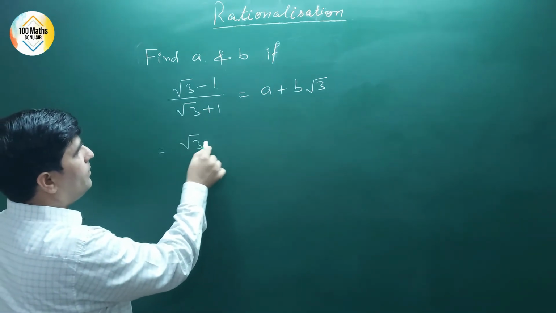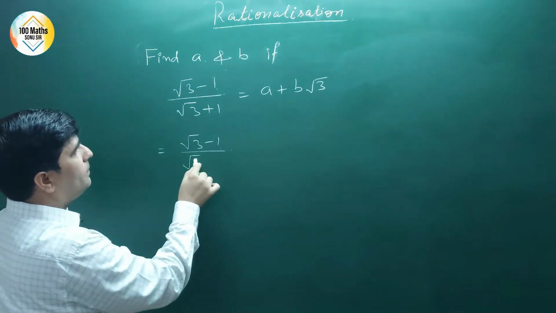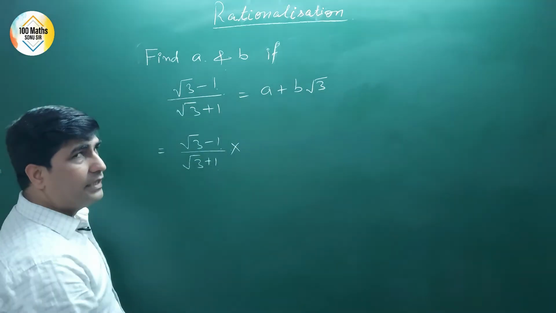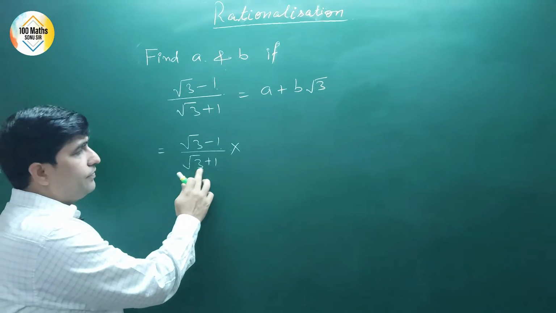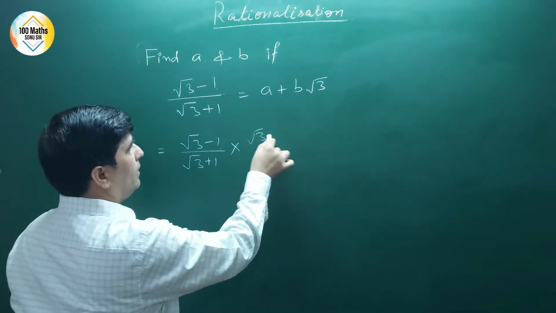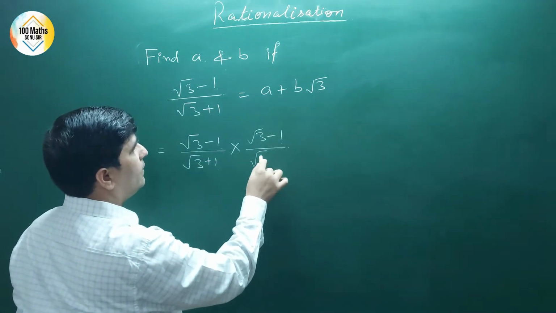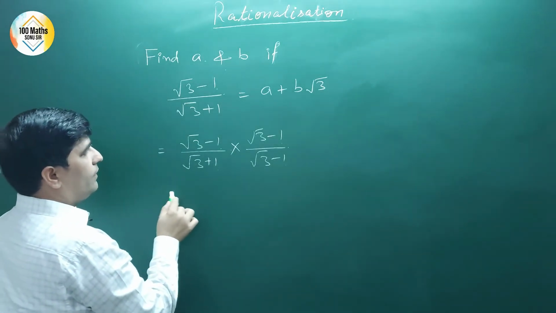So root 3 minus 1 over root 3 plus 1, and multiply with the rationalizing factor. What is the rationalizing factor of this? Root 3 minus 1. So rationalize it, and you all know what is coming.